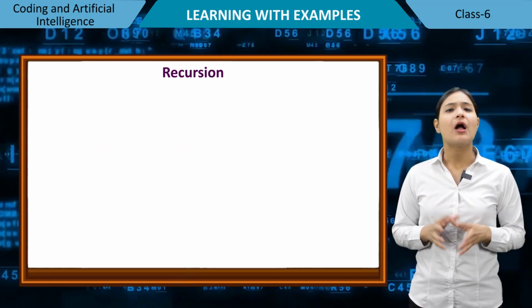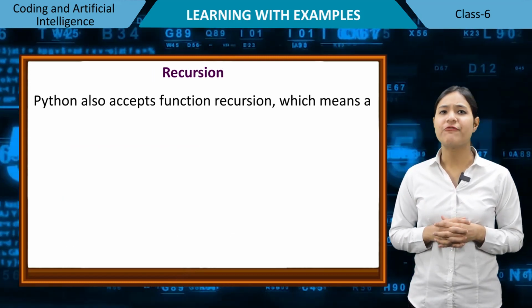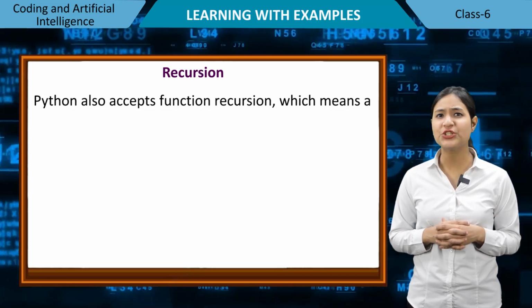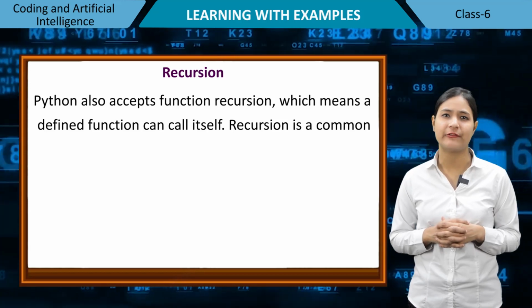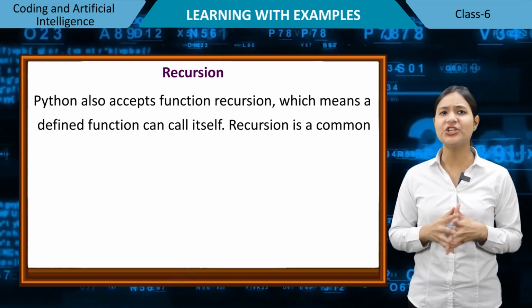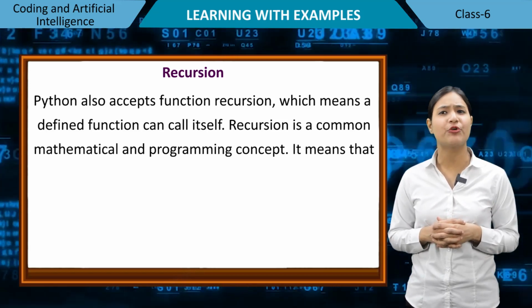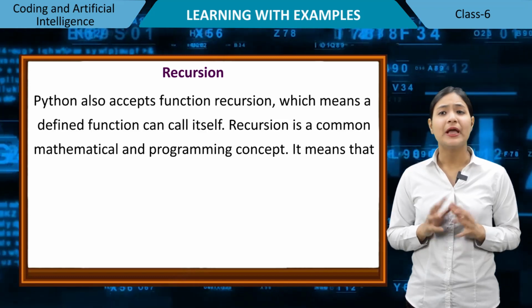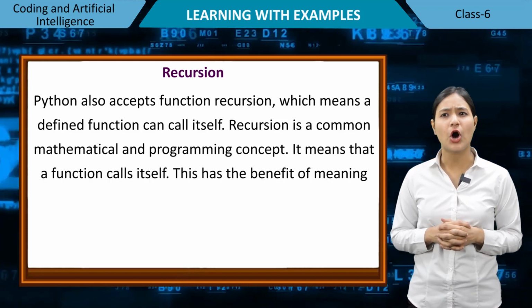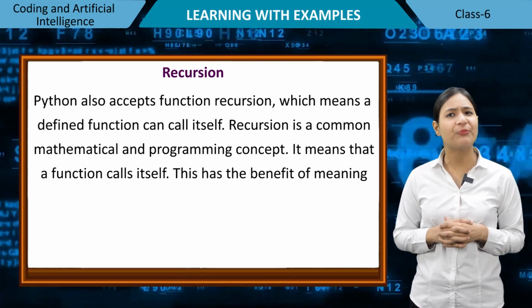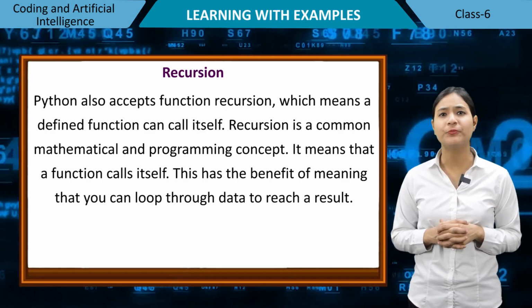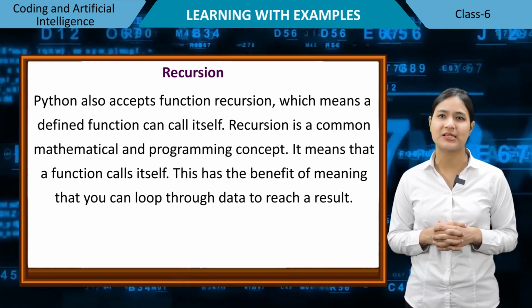Recursion. Python also accepts function recursion, which means a defined function can call itself. Recursion is a common mathematical and programming concept. It means that a function calls itself. This has the benefit of meaning that you can loop through data to reach a result.